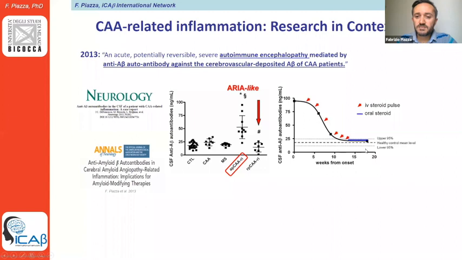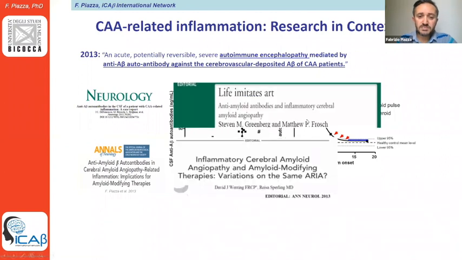And then when these antibodies disappear, the disease resolves, and you don't have any clinical or radiological evidence. And so for the first time, we propose the disease CAA-ri as a human model of spontaneous ARIA, for the study of spontaneous ARIA in clinical trials.